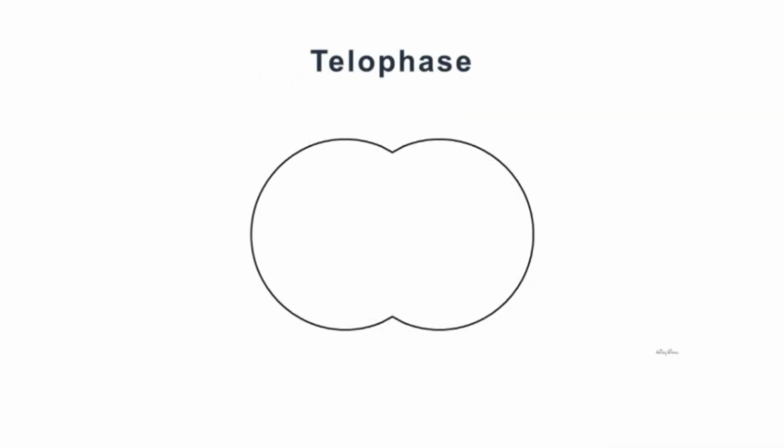In the last stage of mitosis, the shape of animal cells shows significant changes because telophase will be followed immediately by cytokinesis.